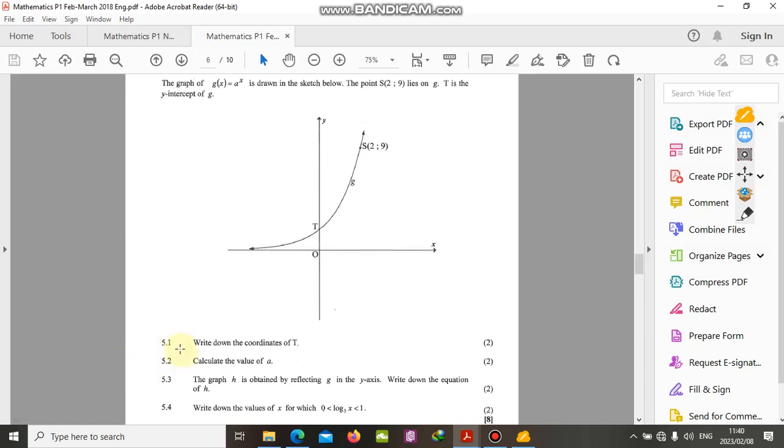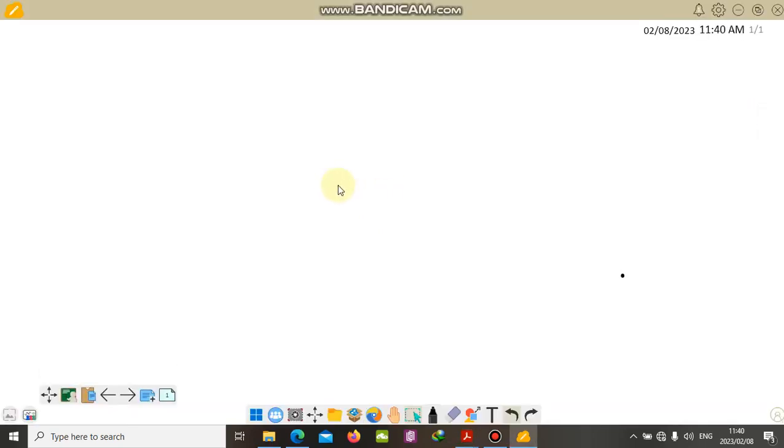5.1 is: write down the coordinates of T. So T is this point. Alright, so I will make a sketch of the graph.